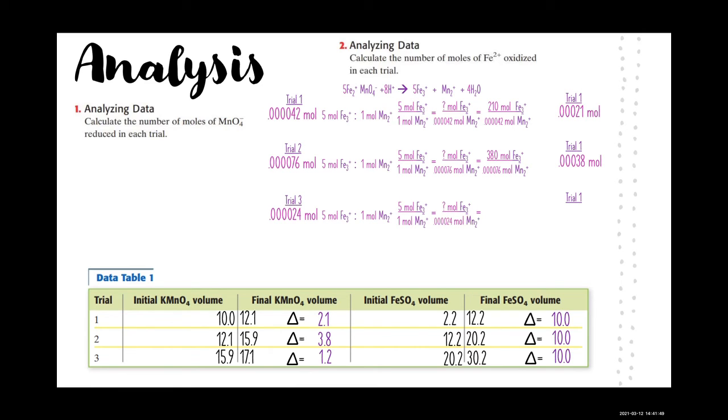So this is about ratios. If our coefficient for Mn is 1 and for Fe is 5, then we just have to keep those ratios the same.